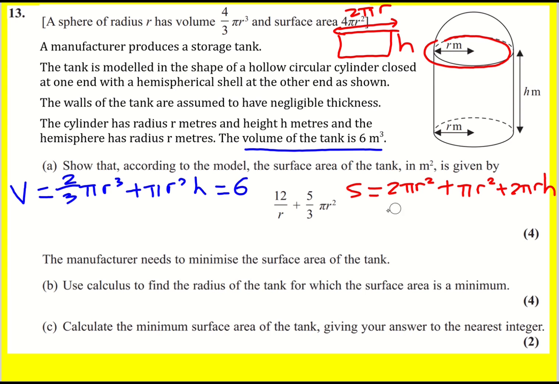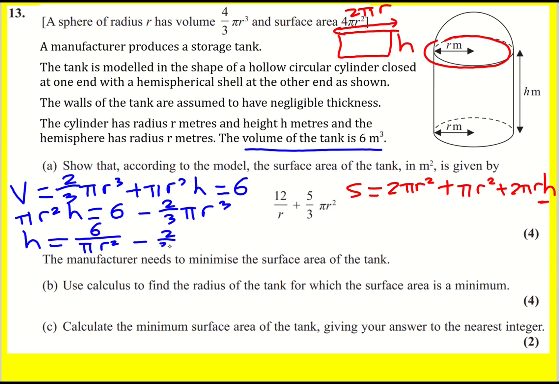Now you see in the final answer, S is just in terms of r, so we need to replace that h by an expression in terms of r. And that's where this first part comes in. We can make h the subject. So pi r squared h is going to equal 6 minus 2/3 pi r cubed. Therefore, h is going to be 6 over pi r squared minus 2/3 pi r cubed over pi r squared.